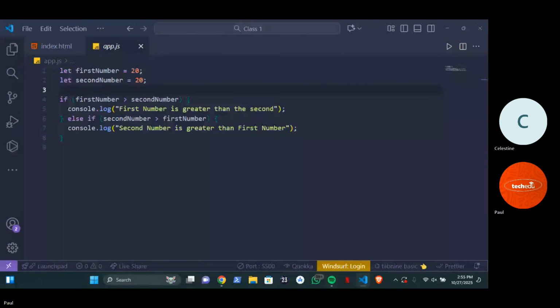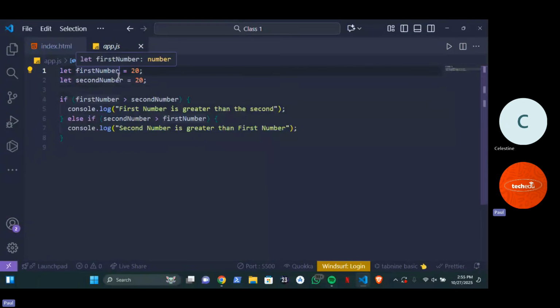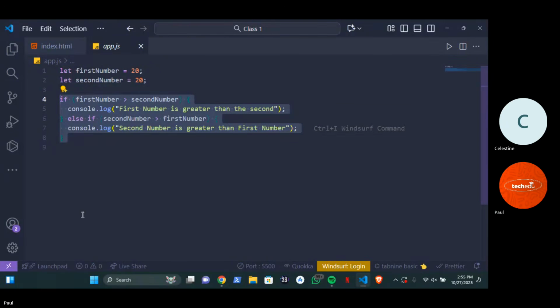Again, why? Because the first condition is if first number is greater than second, and the second condition is if second number is greater than first. But first number equals second number, meaning that both conditions are false. Do you understand it now?